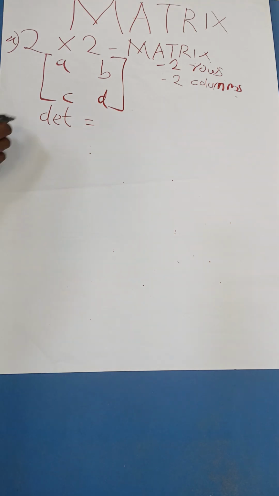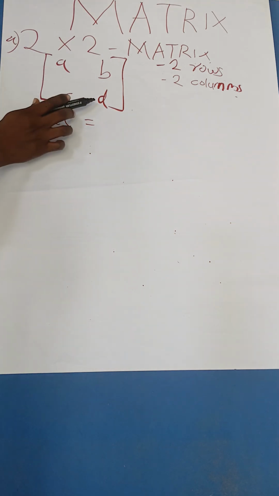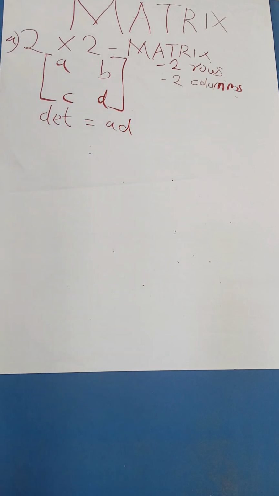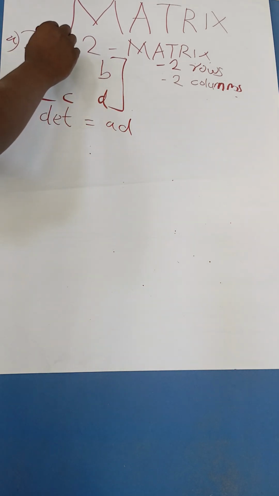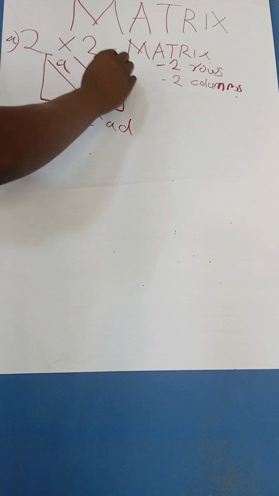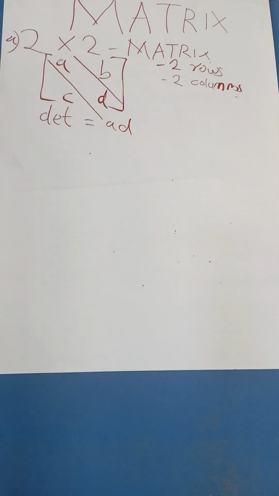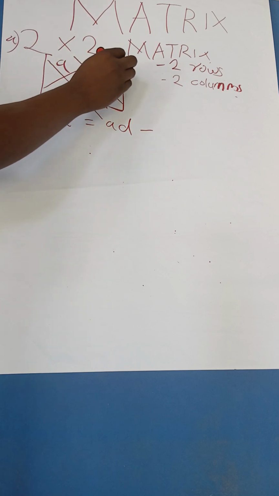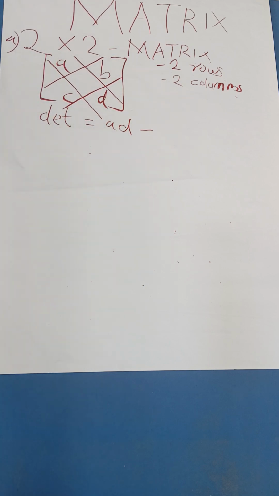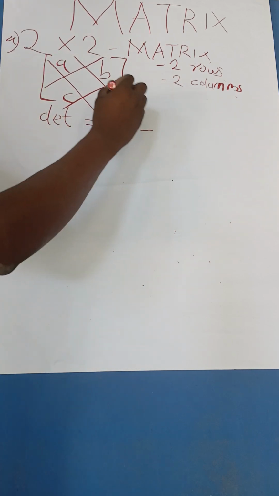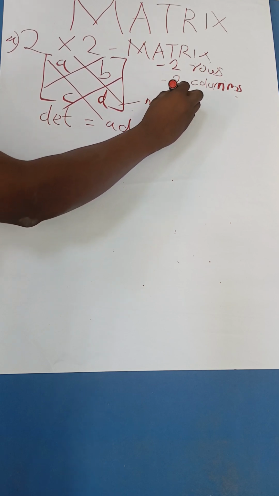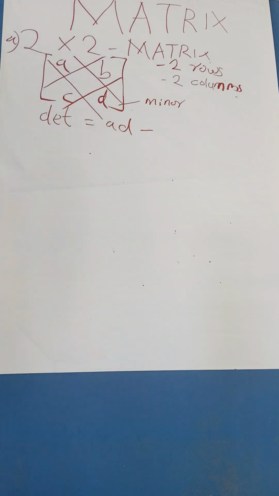So to get the determinant, you multiply AD. I always prefer to call that one the minor diagonal. AD, you minus BC.